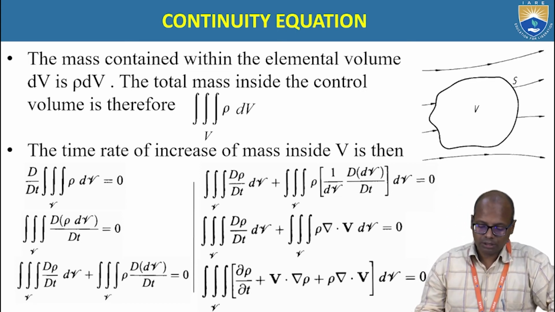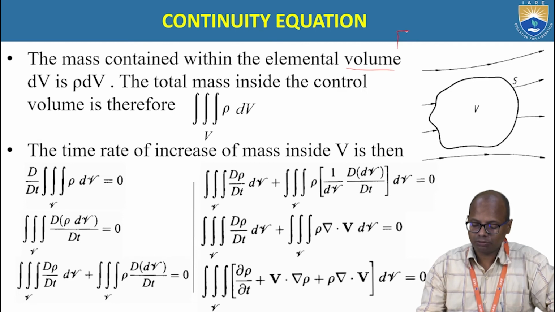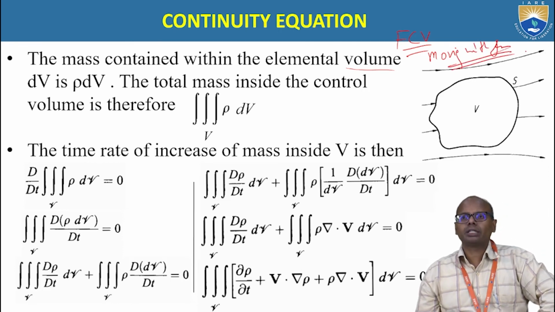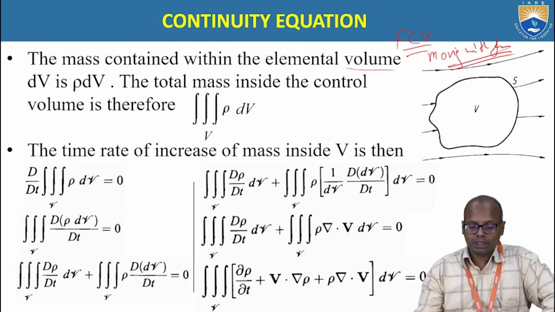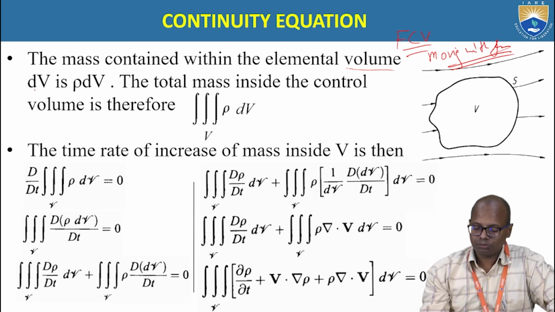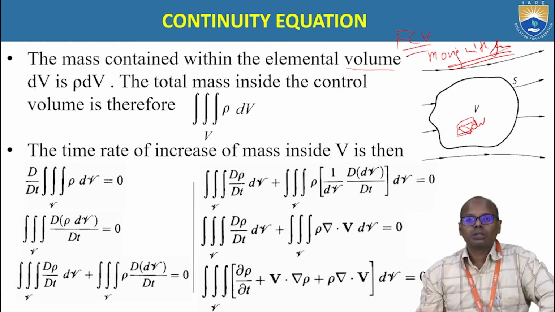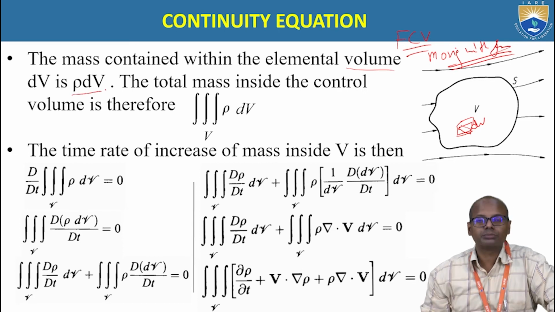This is the finite control volume moving with the flow. Now, if I consider a small volume dV here, the mass of that small volume is equal to rho into dV.